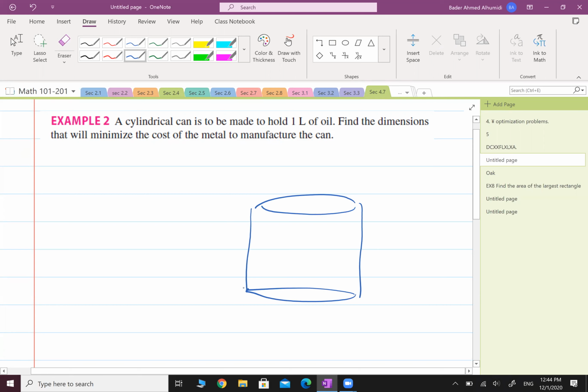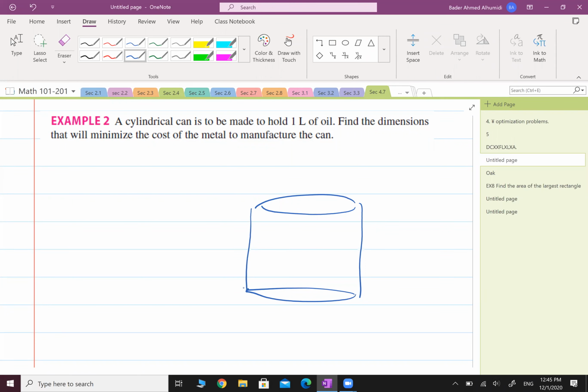Of course, if you own a company, your target, because you are producing billions of cans, is that if you can save even a small amount of money for each can, that would save a lot of money for you. So what is the target always?